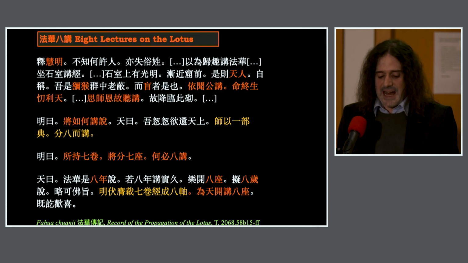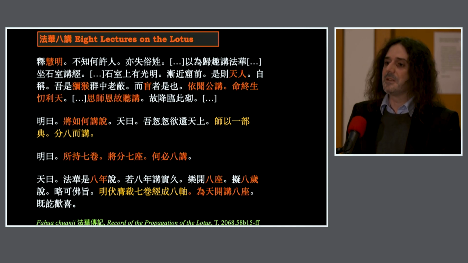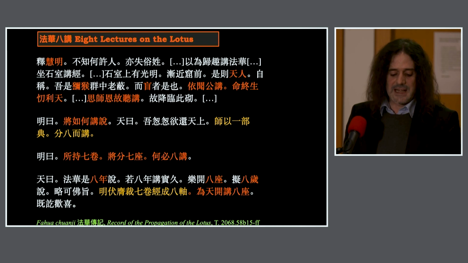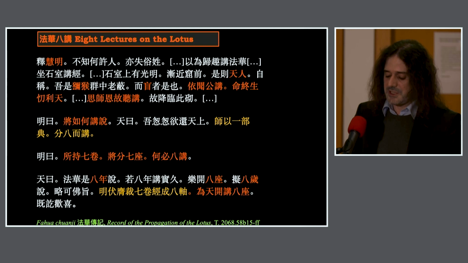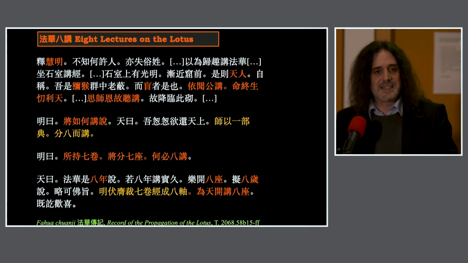This interesting anecdote involves a monk named Hui Ming and a blind monkey who obtained to be reborn in heaven for having listened to someone preaching the Lotus. This heavenly being asked the monk to give lectures on the Lotus in 8 sessions, just as Shakyamuni did it in 8 years. So in this story, the monk Hui Ming only had the version in 7 scrolls, and as such, he divided it in 8 scrolls.